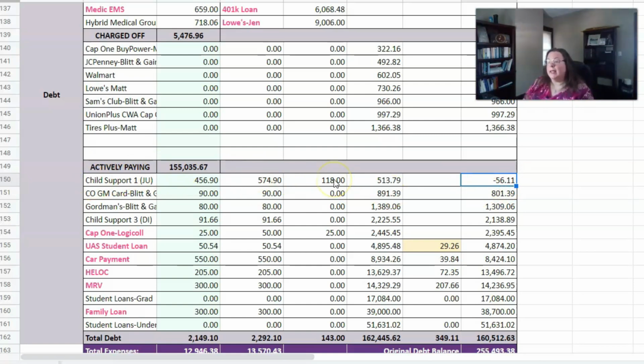But we hit negative on, that's the thing about having this extra 118. We actually ended up paying off this child support with Matt's last June paycheck, which we thought wasn't going to happen till his first June or July paycheck. So it got paid off a pay period early. So it's at negative 56 now.